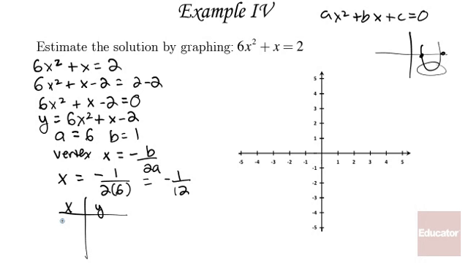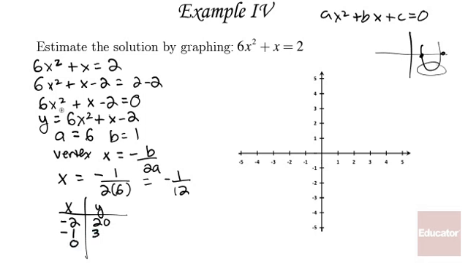Okay, when x is negative 2, if I figure this out, I end up getting a big value where y is 20. When x is negative 2, y is way up here. So I'm going to try another value. When x is negative 1, I get negative 1 times negative 1 is 1, times 6, so that's 6, minus 1, minus 2. So that's negative 3. 6 minus 3 gives me a y value of 3.